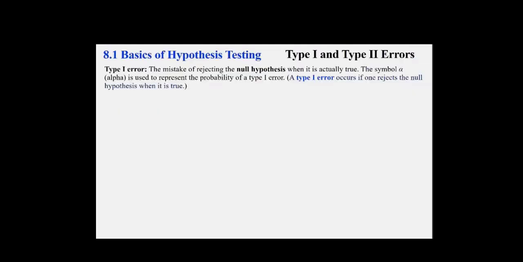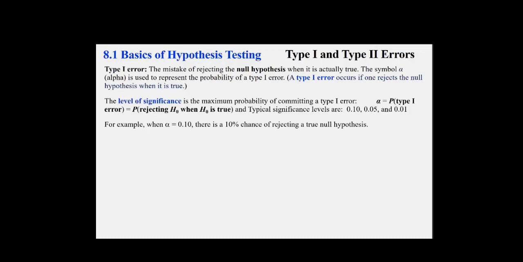Let's do type 1 error. Type 1 error is the mistake of rejecting the null hypothesis when it is actually true. The symbol alpha is used to represent the probability of a type 1 error. A type 1 error occurs if one rejects the null hypothesis when it is true. Rejecting the true null hypothesis, in short.